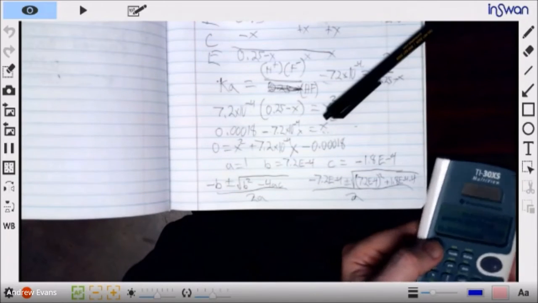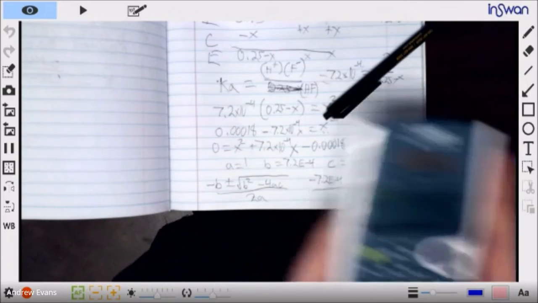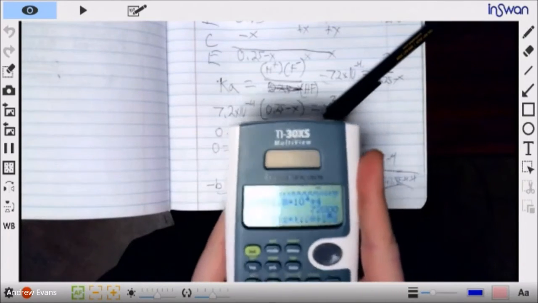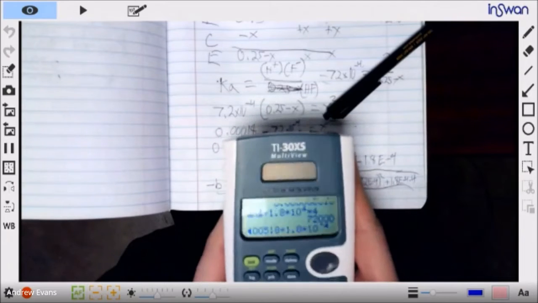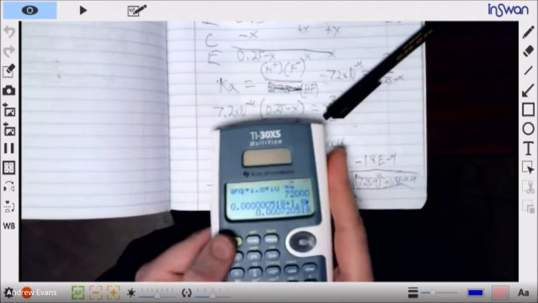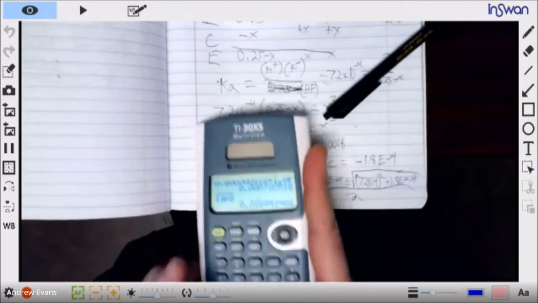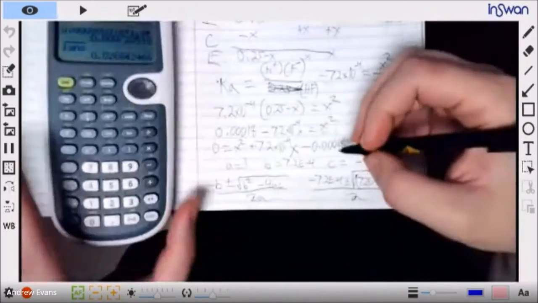So add our 1.8 times 10 to the negative 4 times 4. And then we're going to square root that. So we square root all that, and we have that whole thing. I'm going to flip pages real quick.